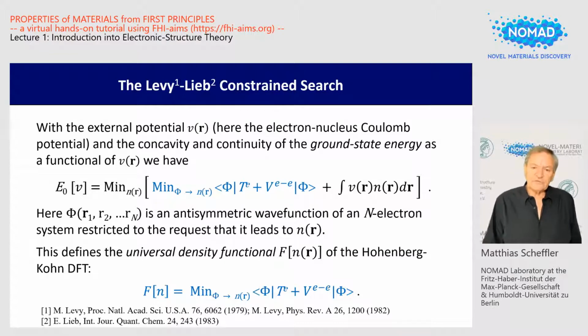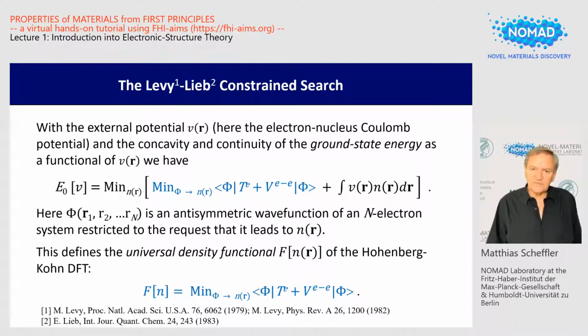So this is a generalization and very useful for further treatments and analysis of this function F of n, which has all the information, very similar to the energy functional, which we have here on the top.